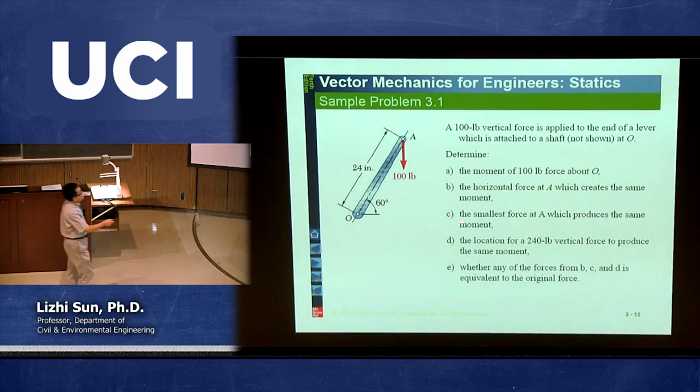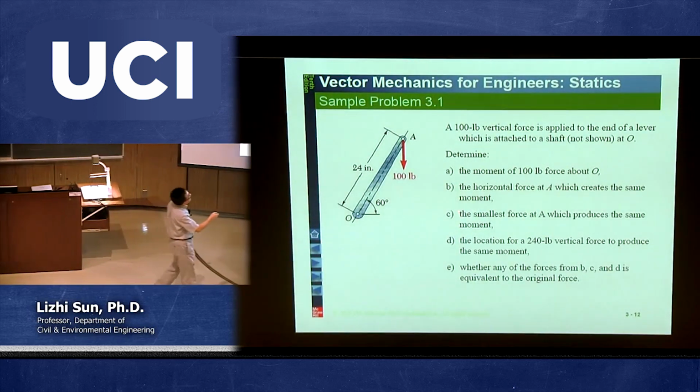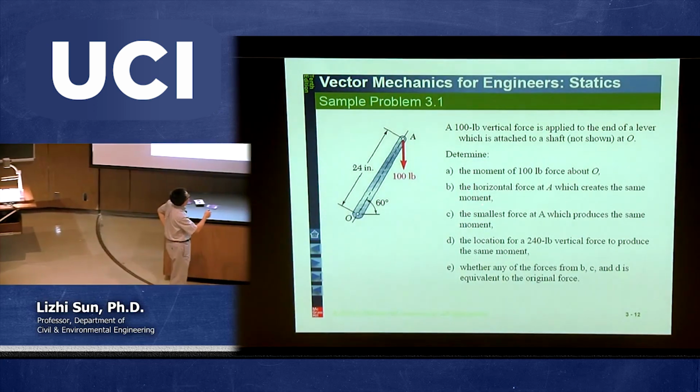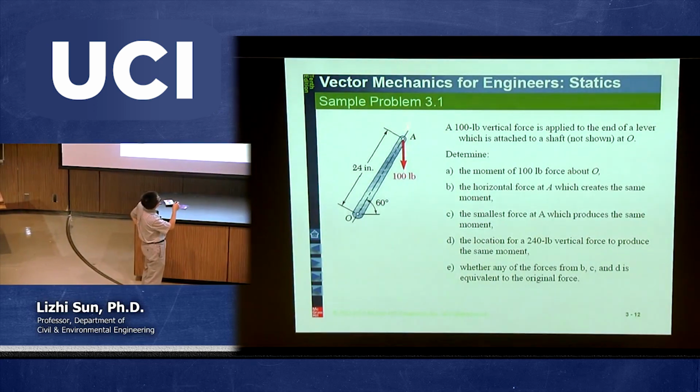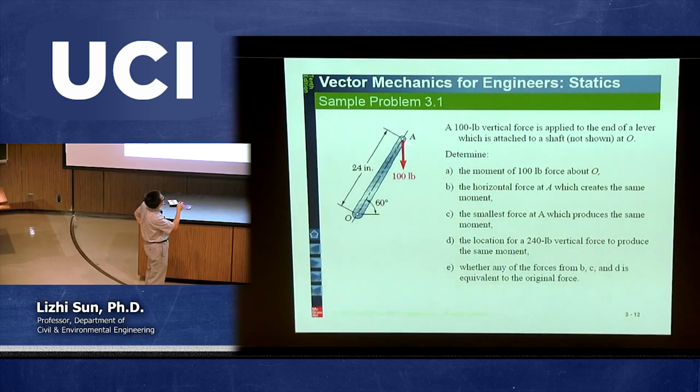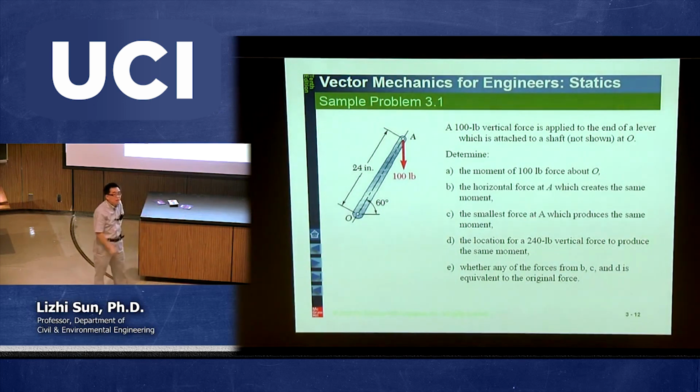Question C. Question C is something different from the previous two. This time, instead of having a vertical force or a horizontal force like A and B, they say we don't know the direction of the force, but there is a force acting on point A. It's not vertical, it may not be horizontal either.